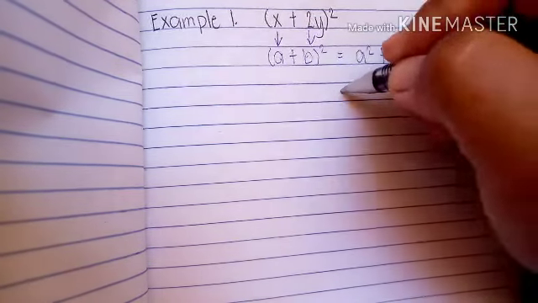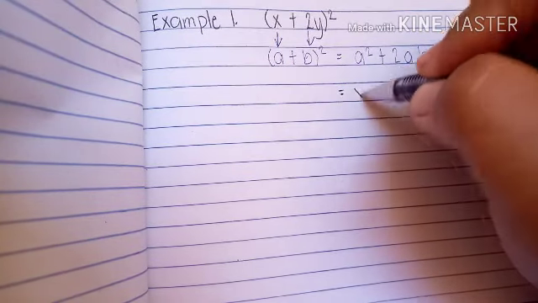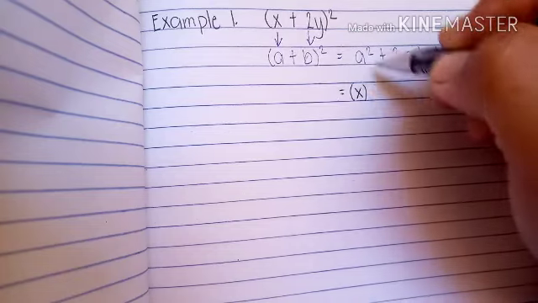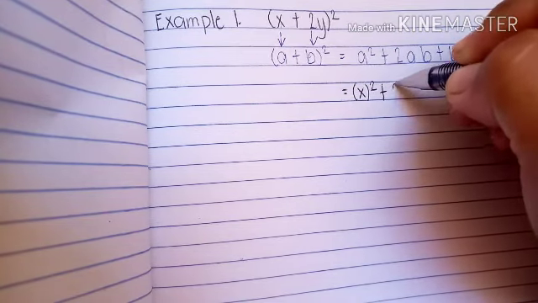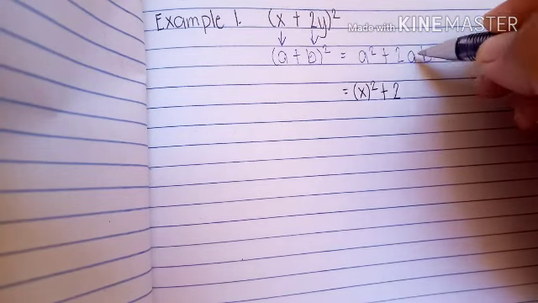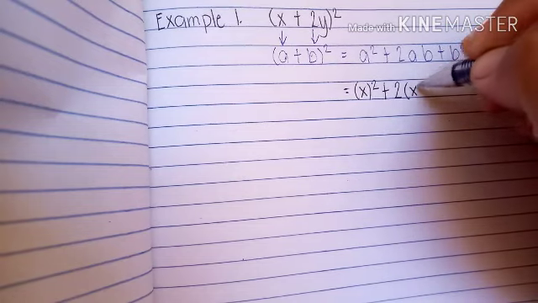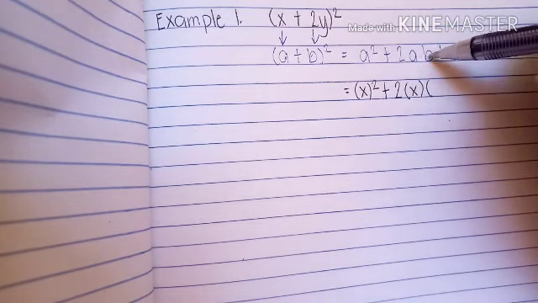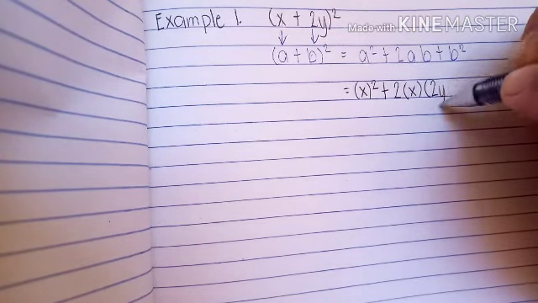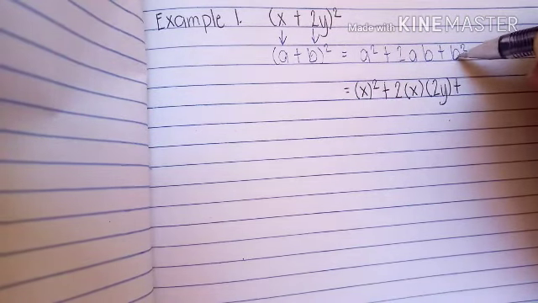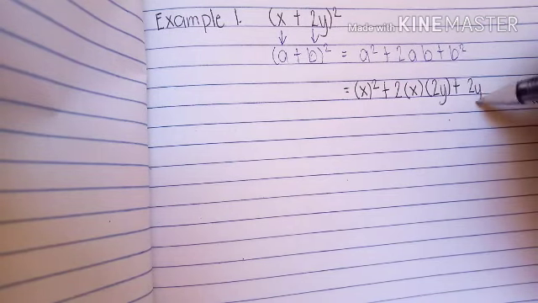So a is x, so that would be x squared. We copy your plus and we copy your 2. Our a is again x, and our b is 2y. Plus our b is 2y again, so that would be 2y.